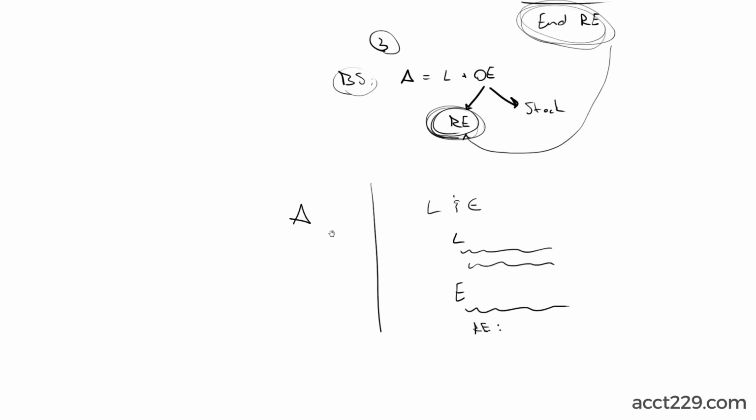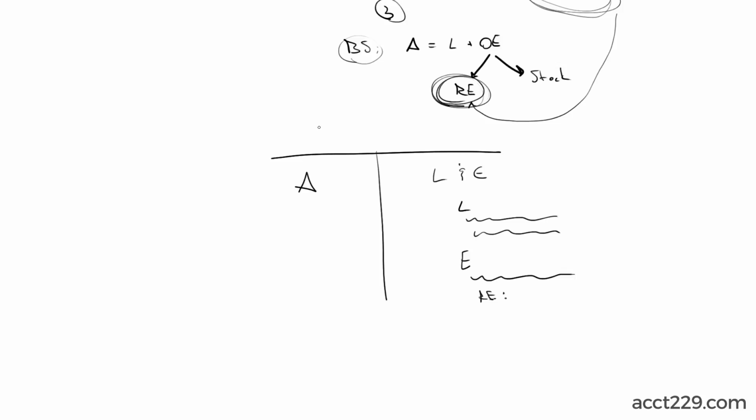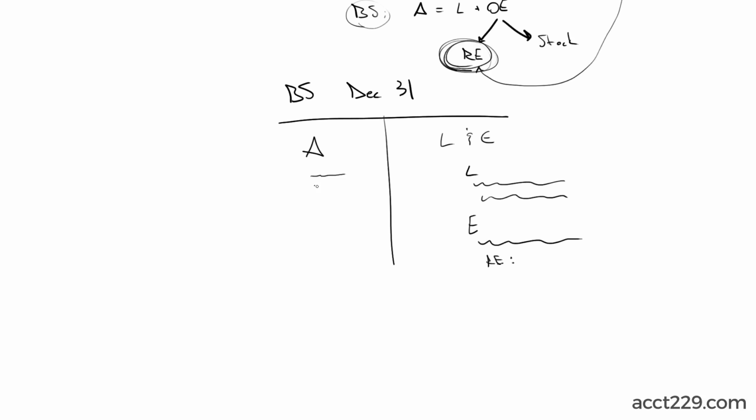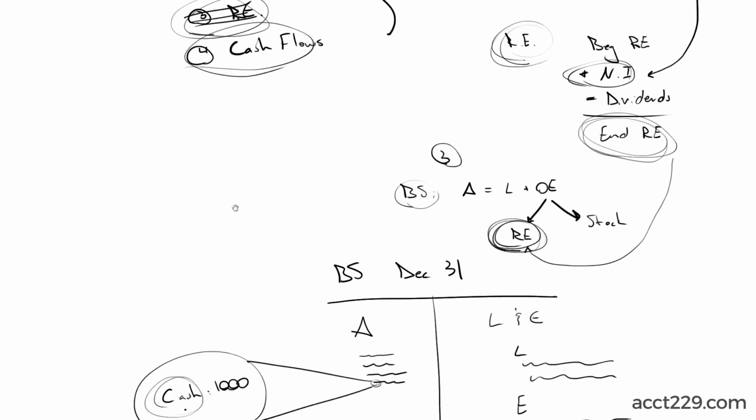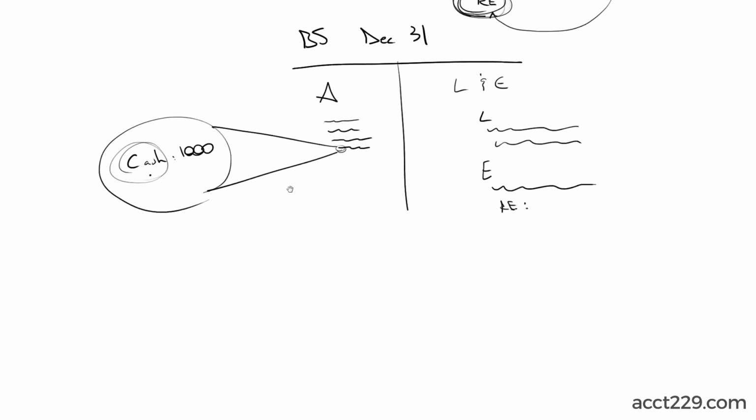Okay, so let's say the balance sheet ended December 31st. At the end of December 31st, we're going to have a bunch of assets. And one of these assets right here is going to be cash. Let's just say 1,000. So one of these assets is cash of 1,000. Well, cash is a good word if we're looking for the statement of cash flows, right? So how does this tie in?